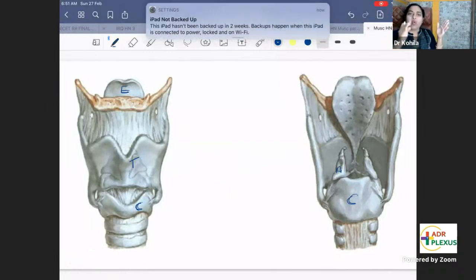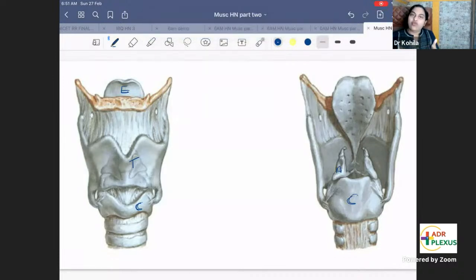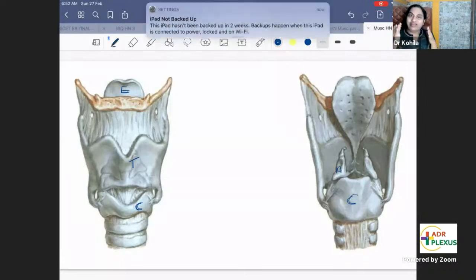Cartilages of the larynx. For whatever image-based question comes now, where you are supposed to identify the muscle, first you must identify the cartilage. Only then will you get the orientation, and only then can you identify the muscles.